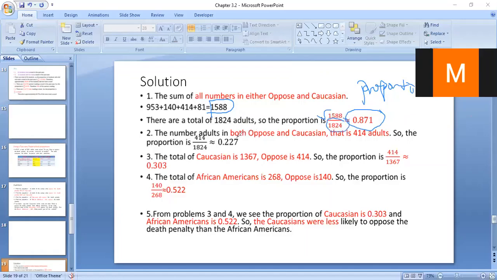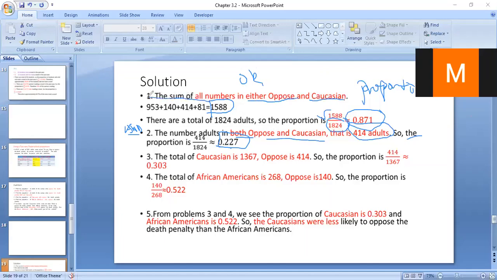And for both opposed and Caucasian, it is 414. So you find the proportion, 414 divided by 1,824, and you get 0.227. This is all. This is and. And you find the common. This is and, both opposed and Caucasian. All is either opposed or Caucasian.